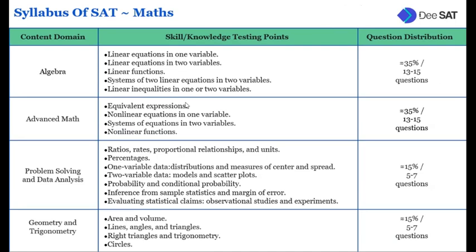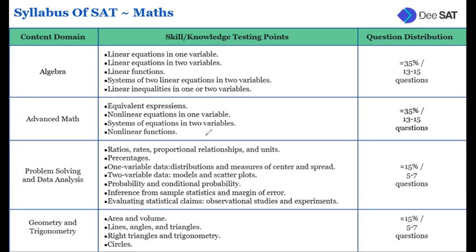Now, talking about the next one, that is advanced maths. Advanced maths majorly comprises functions and polynomials. The basics of the functions: that is linear function, quadratic function, quartic function, cubic functions, all of that in a little depth. And definitely there's a concept regarding the remainder theorem and factor theorem.